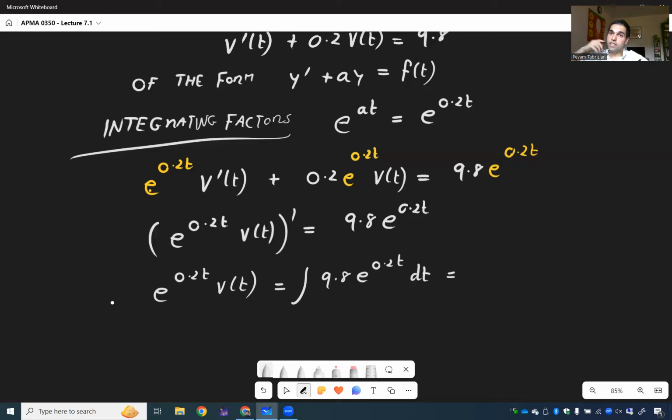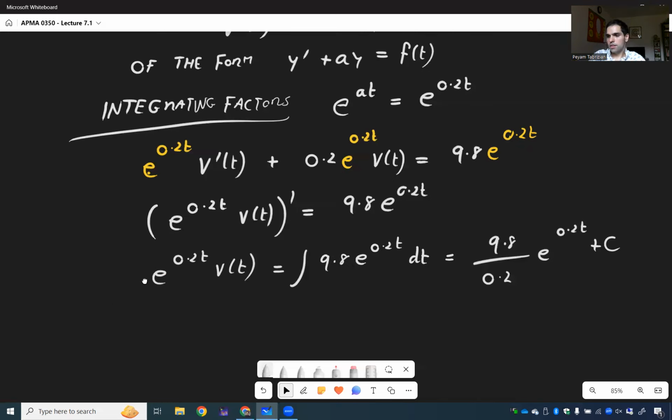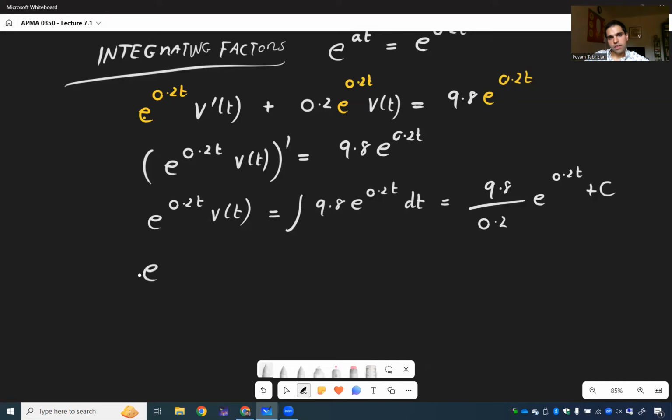And then if you differentiate e to the 0.2t, a 0.2 comes out. So for anti-differentiating, you divide: e to the 0.2t plus c. And we get e to the 0.2t v of t. Well, dividing by 0.2 is like multiplying by 5.